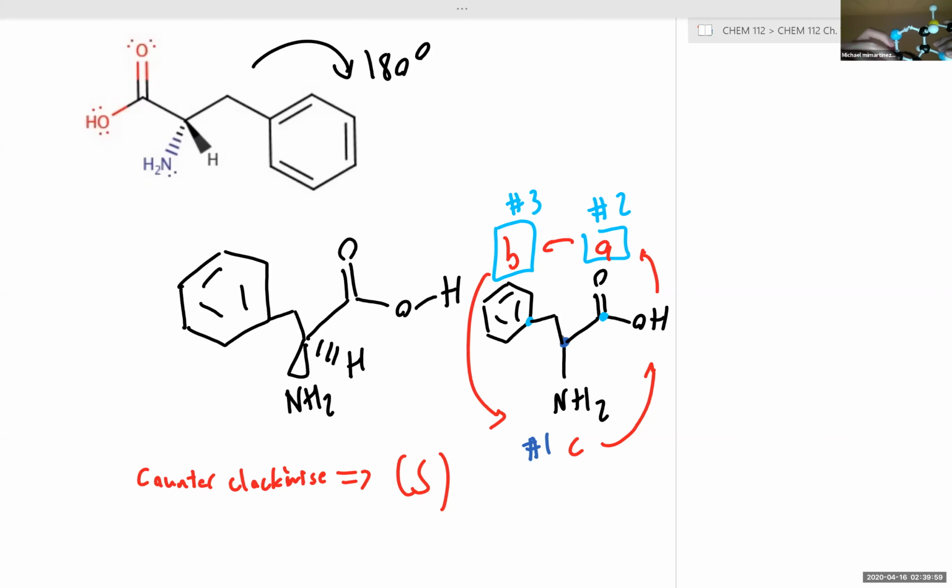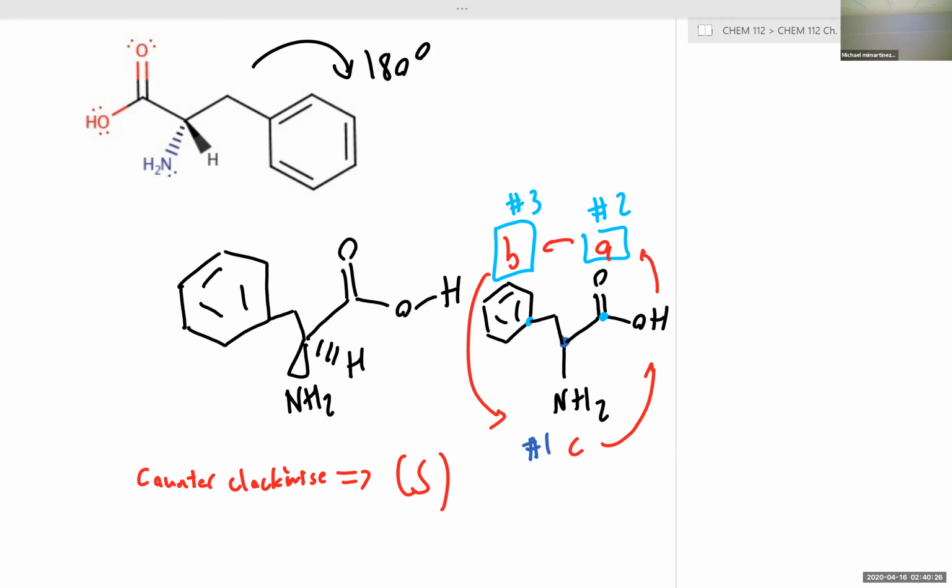And now we have to set our hydrogen pointing away from us. So in the following view, our hydrogen is pointing away from us, and we have our three groups arranged where our amine is on the bottom, our carboxylic acid is on the right, and our aromatic ring is on the left.